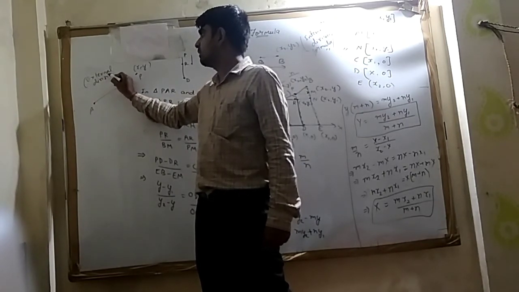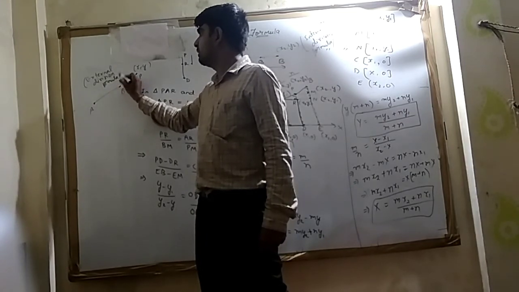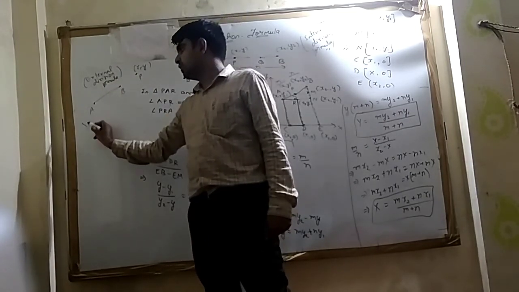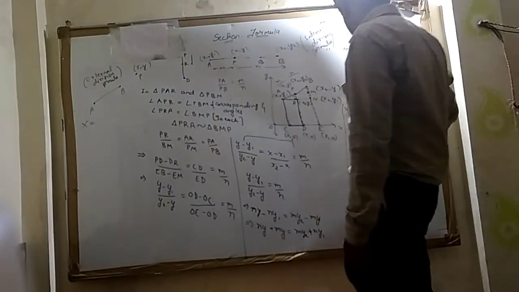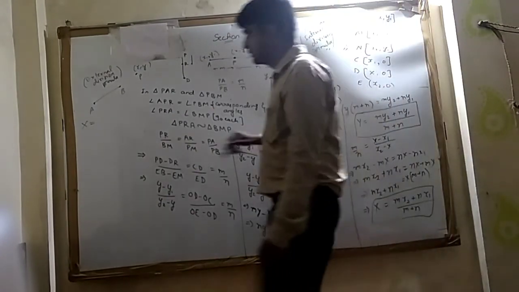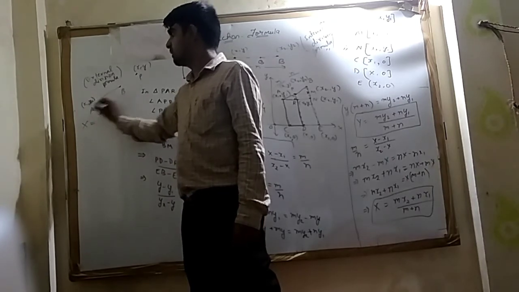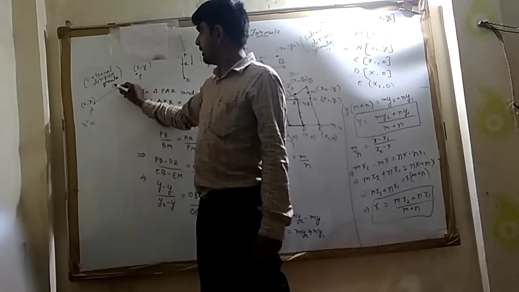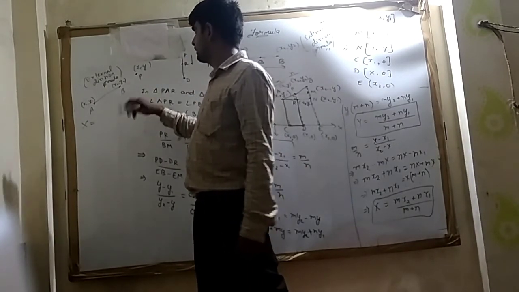This external division formula is nothing else, just instead of this plus we get minus. Suppose these are x1 y1, this is x2 y2, and this is x comma y.